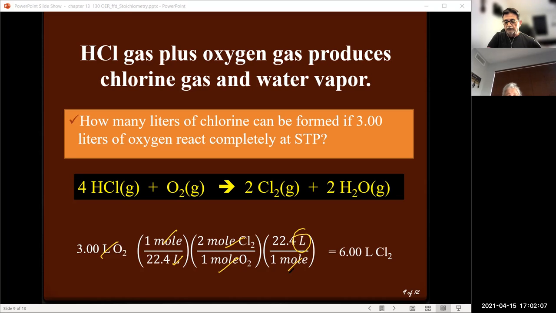I can eliminate this one and this one, and moles cancel, and unit-wise, I'm still left with liters. All right, hopefully you can recognize that. But if not, don't worry about it. Work it through systematically, step by step, until you get more comfortable with it.